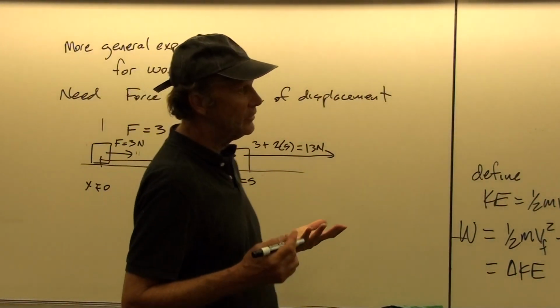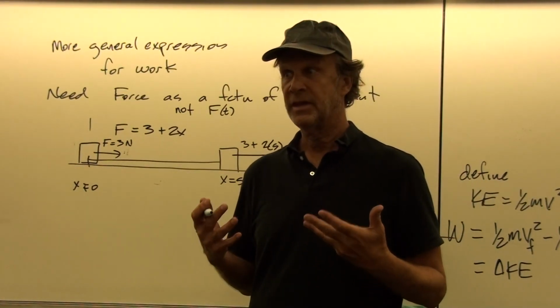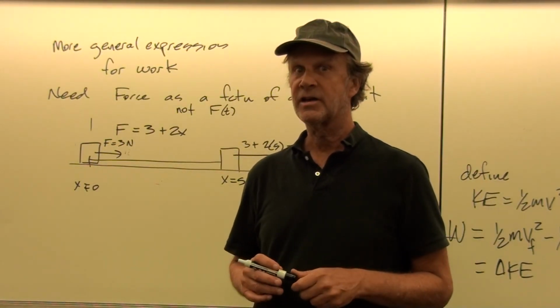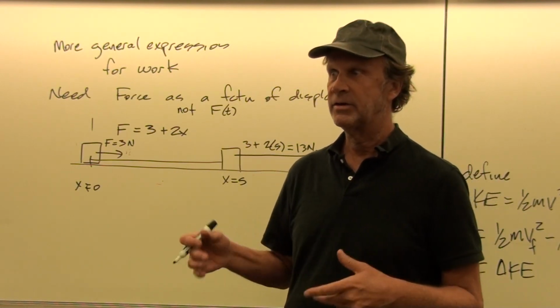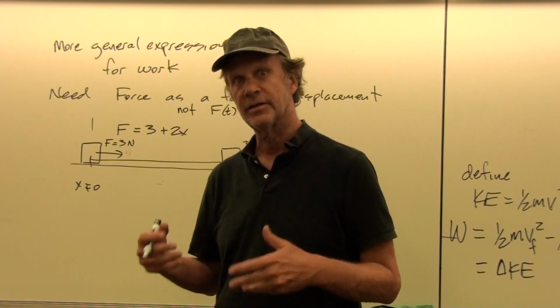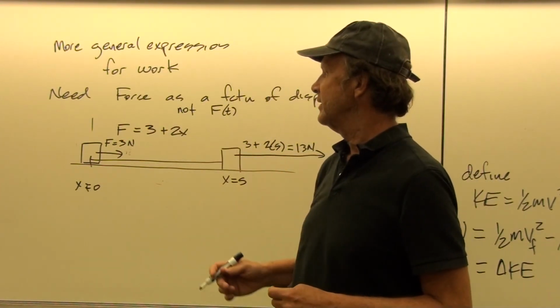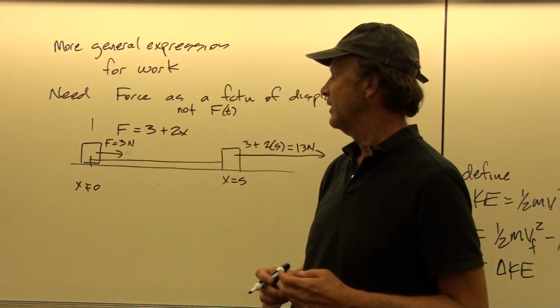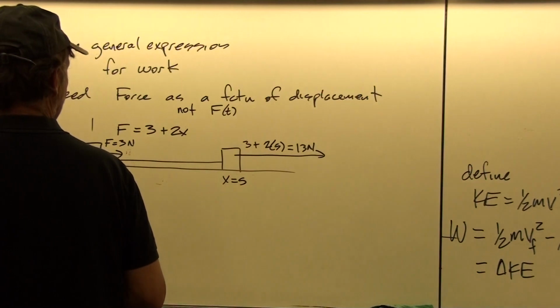Now, if you had something that was a function of time, could you turn it into something that's a function of displacement? The answer is yes, but it's not always the easiest thing to do. You need parametric equations that relate the displacement to the time, and then you'd have to reformulate your force to get it that way. But here, let's just say this is what we got.